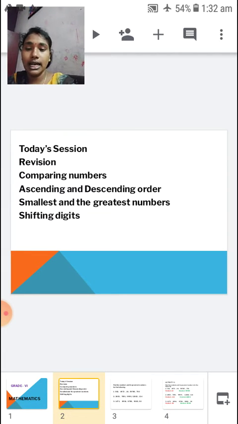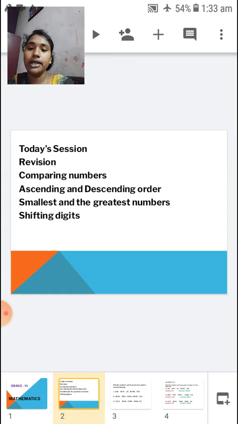In that way you can compare two numbers. So what will be when the numbers have the same number of digits? If we have a comparison between two 4-digit numbers, you have to check the numbers present in the different place values and see which is greater than the other.